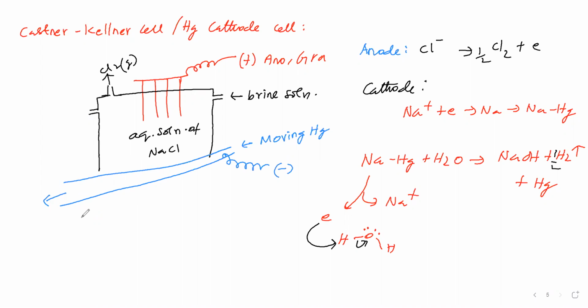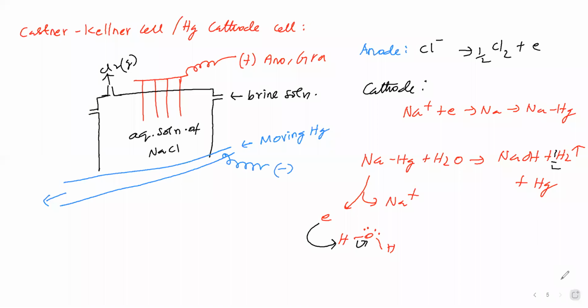But we said sodium is quite reactive with water, so as soon as sodium is obtained here it would have reacted with water. But it is not reactive. Why? Because sodium is in the form of sodium amalgam, and sodium reactivity is less compared with pure sodium.